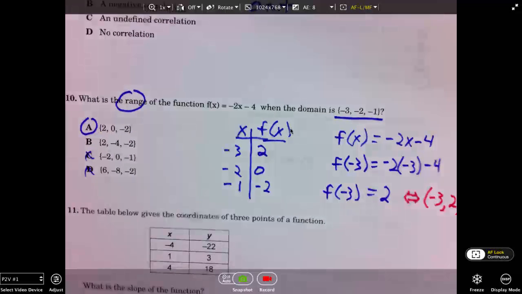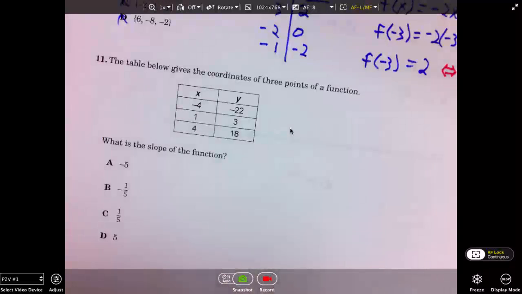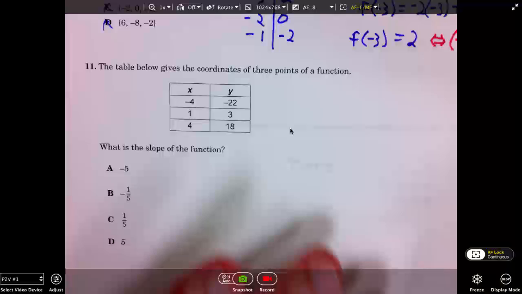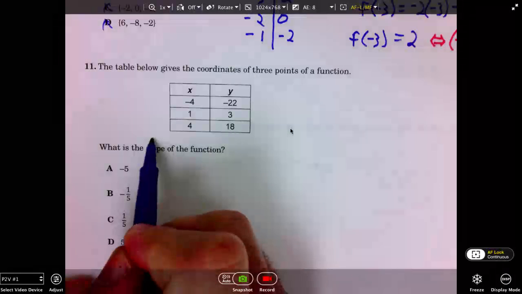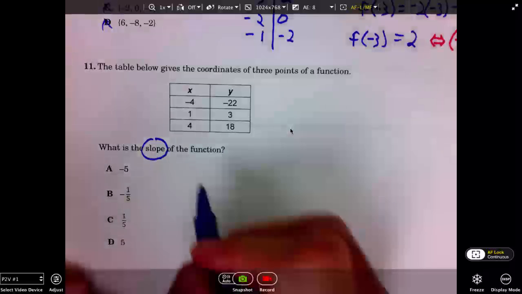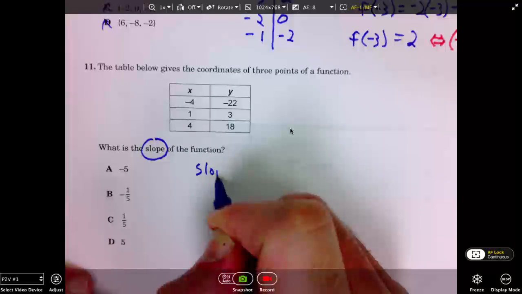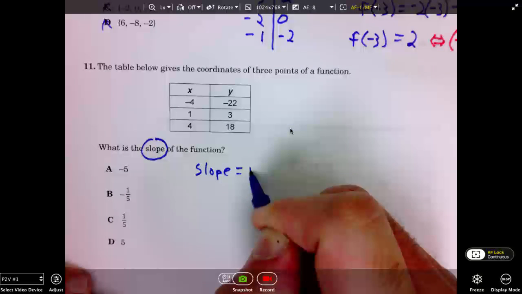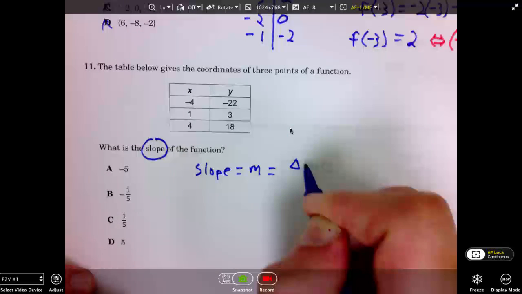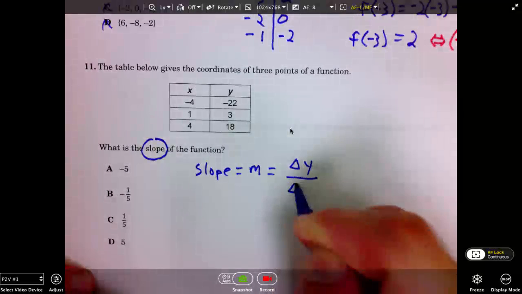All right. One last one in this video, and then there will be a second video for the second half of these problems. Number 11 says, what is the slope? Well, we know that slope, and we use the variable m to stand for slope, is change in y over change in x.